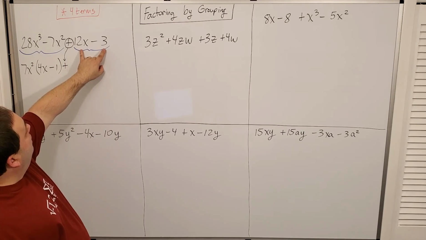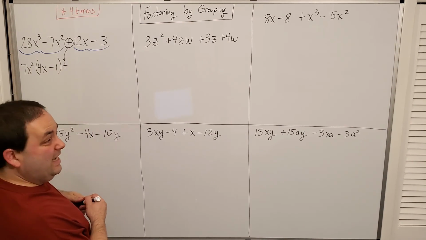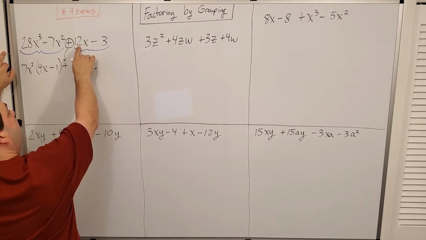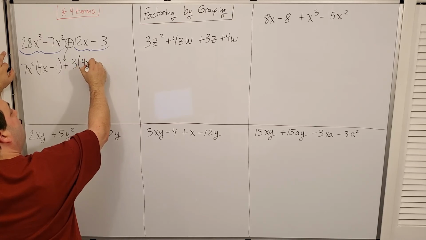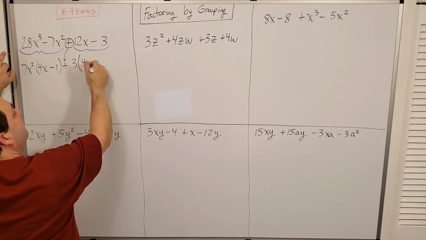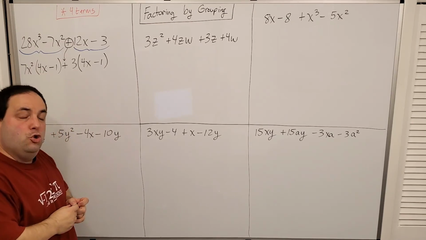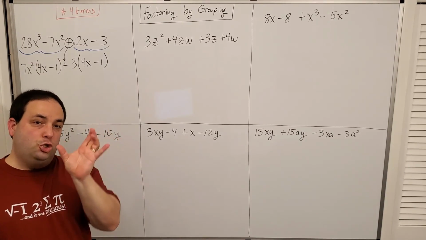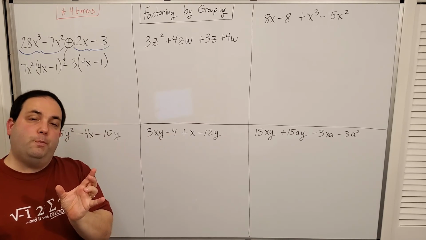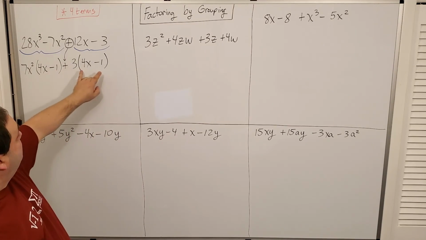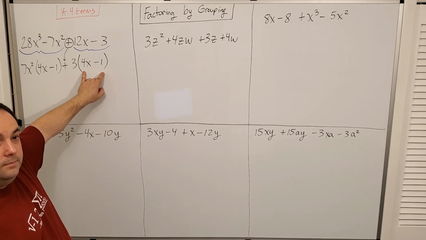And now between 12 and 3, what they have in common is a 3. 12x divided by 3 is 4x, and negative 3 divided by 3 is negative 1. At this point, you're hoping to see 2 chunks, 2 large groupings that are the same. In this case, the 4x minus 1 and the 4x minus 1.